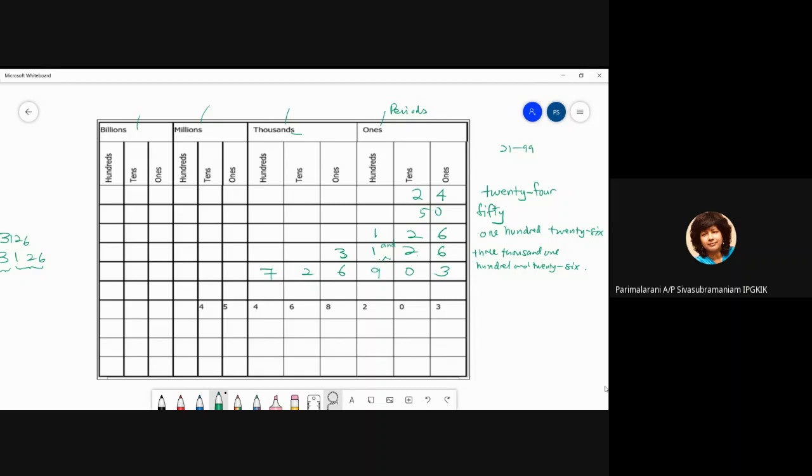So I think it should go seven hundred and twenty-six thousand, nine hundred and three. So we have an 'and' here and an 'and' here.